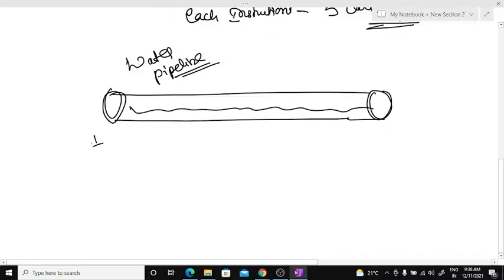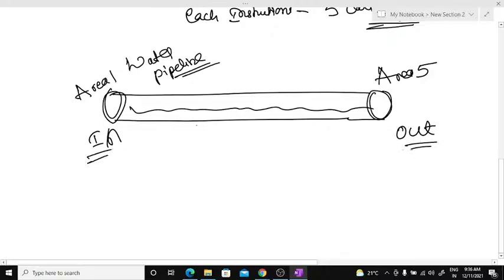This is the in and out, this is input, this is output. So what we are doing, how is it now, this is one particular area 1, and this is area 5, some area. Okay, here is in and here is out. Okay, so here there is a very small area, some people live here, area 2. Okay, some small area is there and they require water.